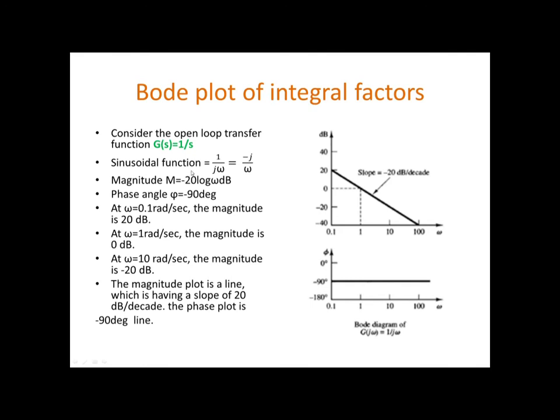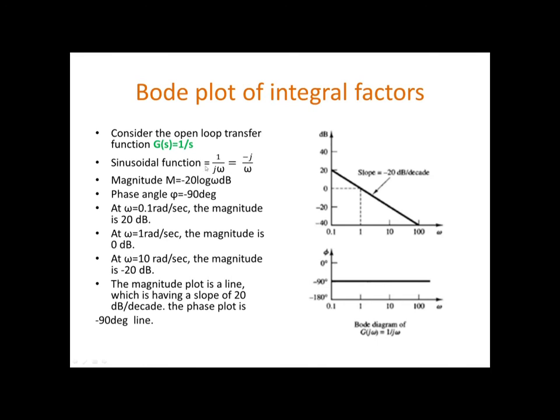So the sinusoidal function becomes 1 by j omega. So we can multiply both sides by j, that means minus j divided by omega. So in rectangular form we can write this equation as 0 minus j by omega, and in polar coordinate form we can write 1 by omega into angle of minus 90 degrees.